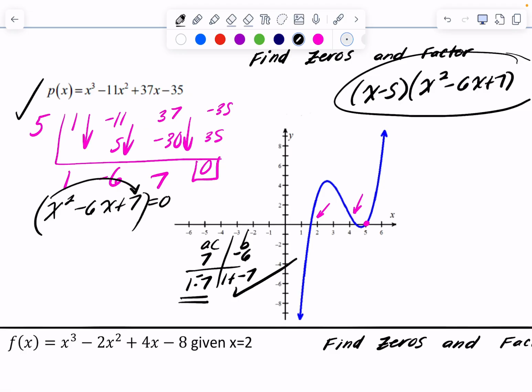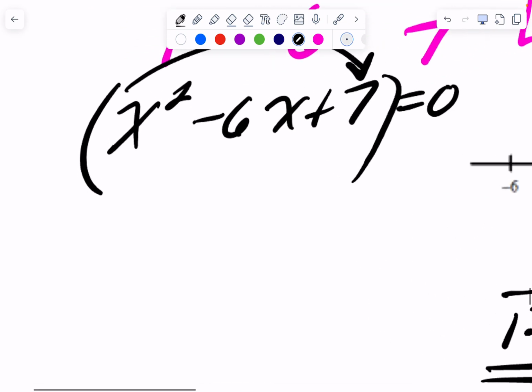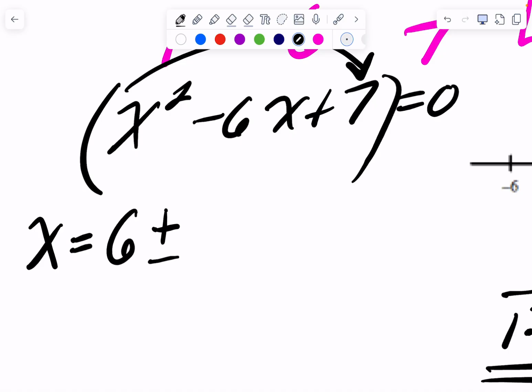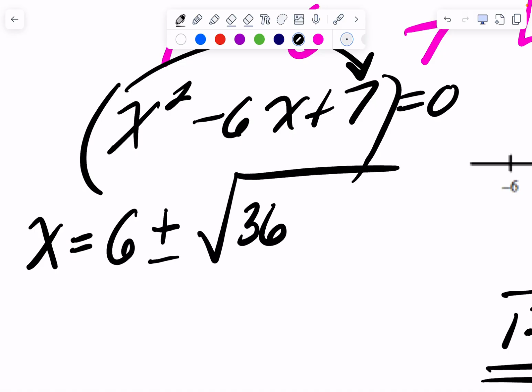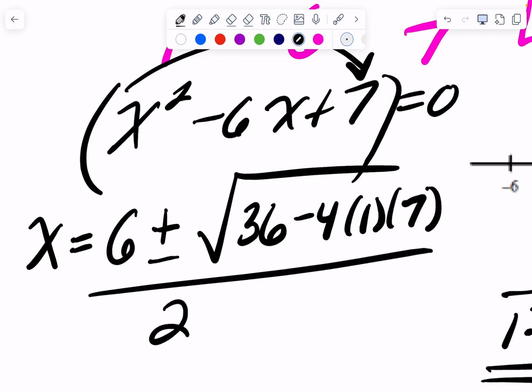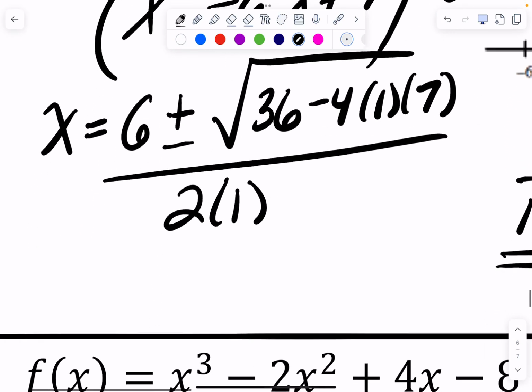So now let's do the quadratic formula. That's why they had a whole day where it was like, hey, get good at the quadratic formula so that when we get to finding solutions today, it's just quick. X equals negative b, that would be 6, plus and minus the square root of b squared is 36, minus 4 times 1 times 7, all over 2 times 1. 6 plus and minus the square root.